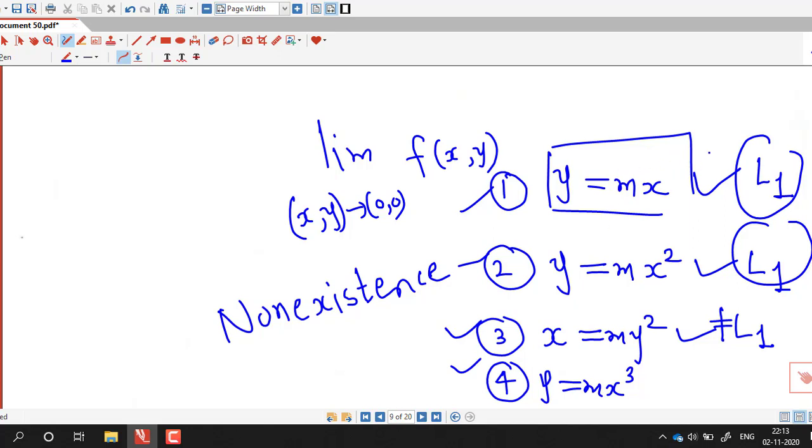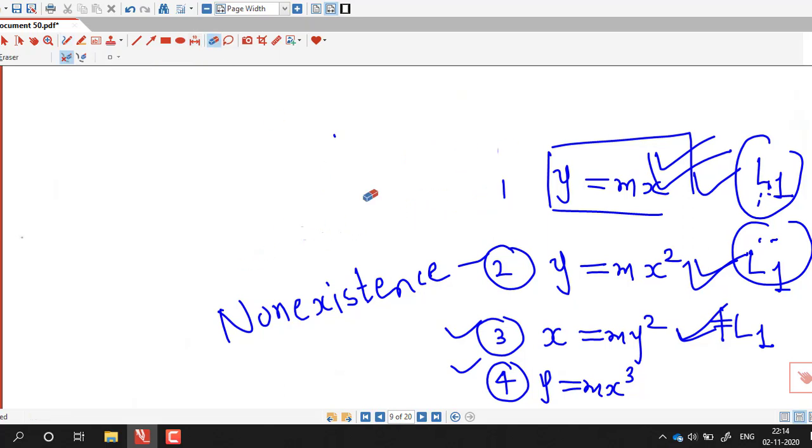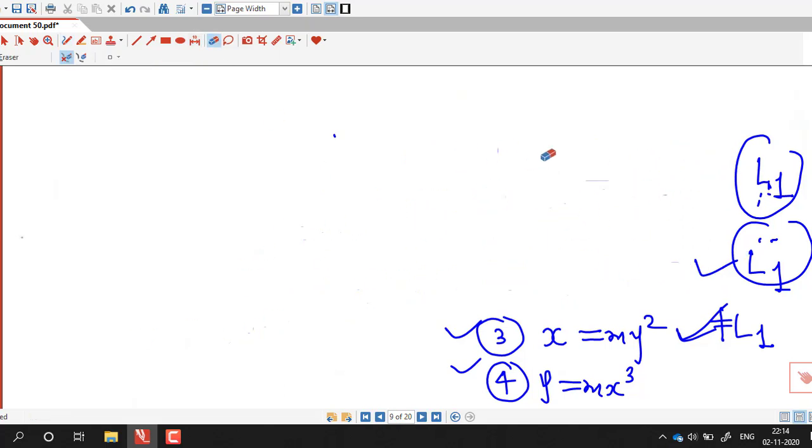If the answer depends on m, the limit does not exist. If the answer is independent of m along one path, then we check a second path and compare both limits. If they are the same, then we can try another path. So we are going to discuss some more examples on how to show that the limit does not exist.